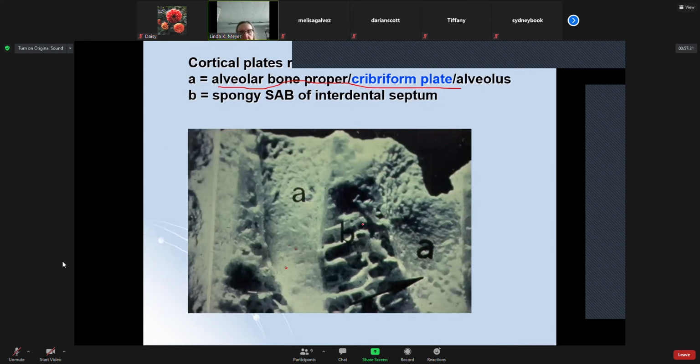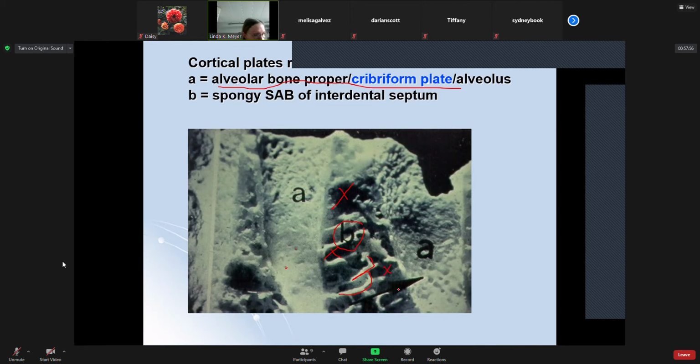In contrast, letter B, again the compact bone covering this has been removed, and what's exposed internally is the spongy bone. You can clearly see the spicules of bone forming that lattice work, and all these dark spaces represent the marrow spaces.